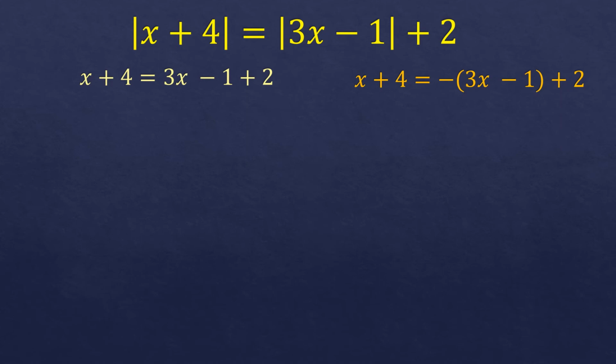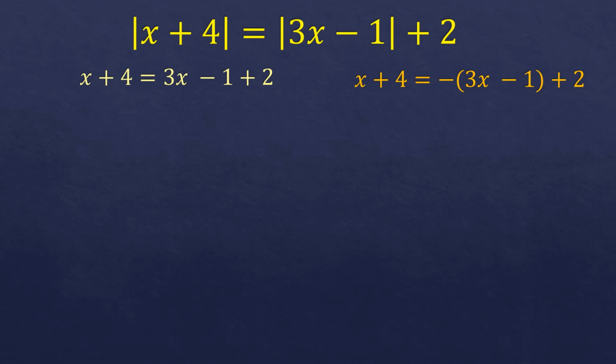It's going to be the same answer. So here I chose the x plus 4 to be retained, and the 3x minus 1 will be multiplied by positive 1 and negative 1. So of course the one multiplied by positive 1 will be retained as 3x minus 1, so we don't need to put a parenthesis. So let's solve first at the left side.